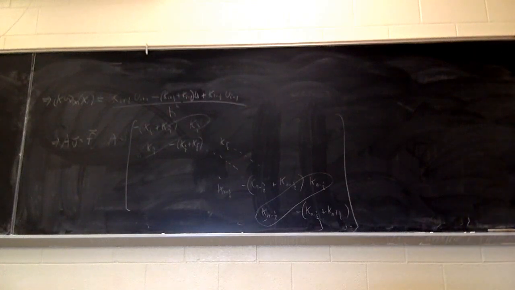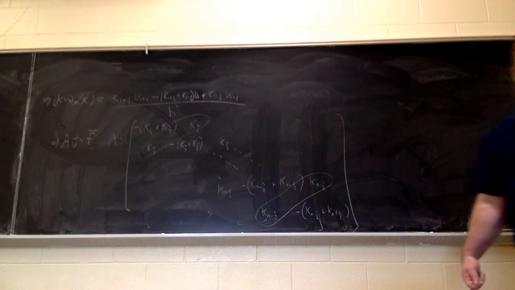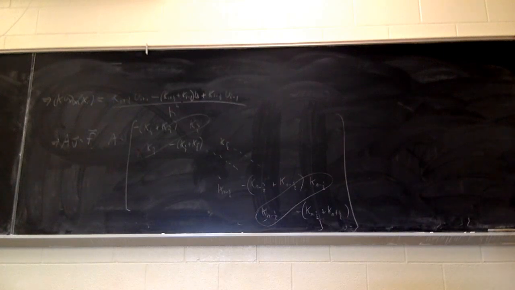So for example, with Dirichlet boundary conditions, this matrix would be negative definite. So you can use Cholesky with minus A and solve the system that way, or you can use minus A with conjugate gradient, for instance.